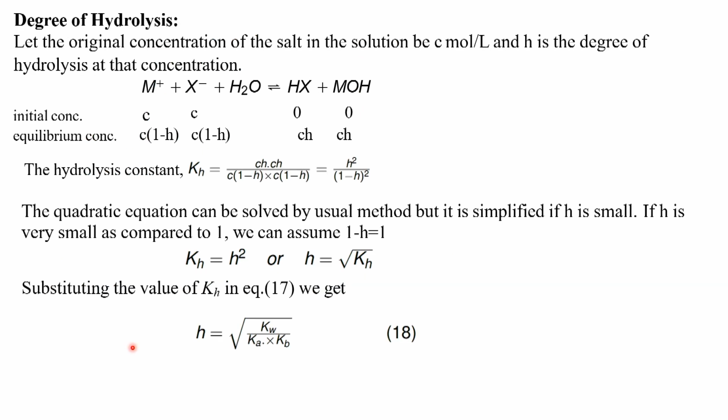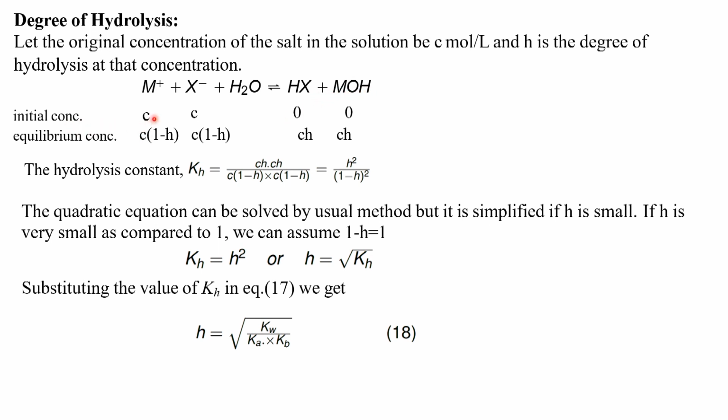Next we discuss degree of hydrolysis. Let the original concentration of the salt in the solution be C moles per liter like before, and h is the degree of hydrolysis at that concentration. So the corresponding equilibrium is M+ X- plus H2O gives HX plus MOH.